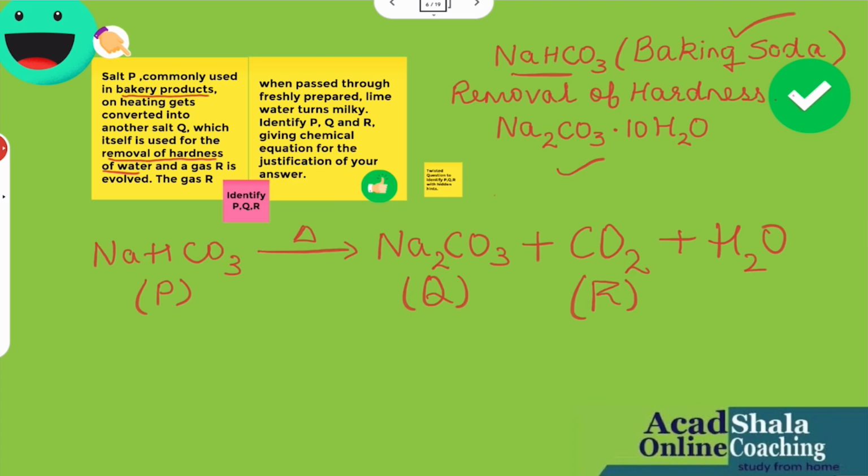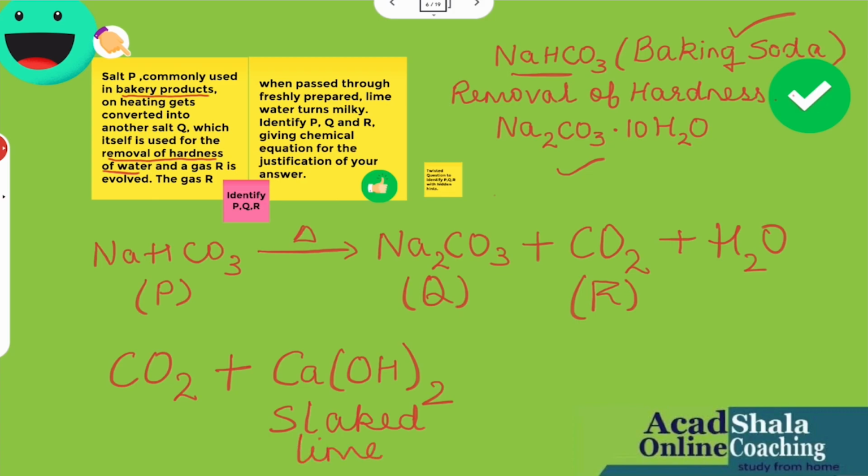First we will take this carbon dioxide and pass it through lime water, freshly prepared. Always remember, freshly prepared. The formula of lime water is Ca(OH)2. This is also known as slaked lime.